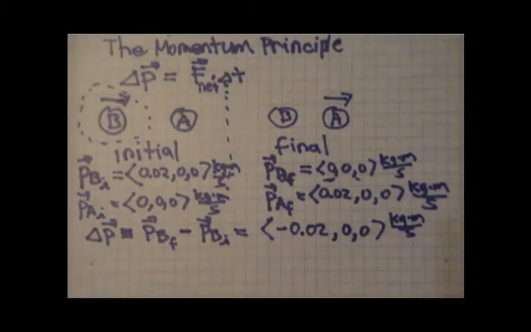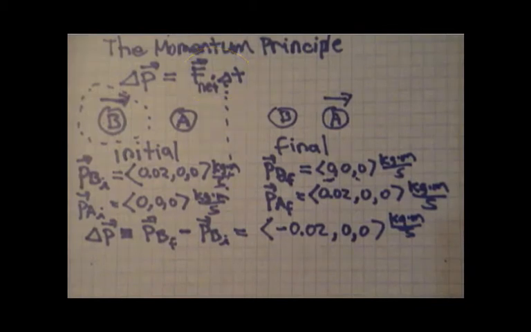So if we look at our equation for the momentum principle, what we are able to say is we've calculated the change in momentum of our system. The momentum principle says something about what causes that change in momentum. You could think of the right-hand side, F net times delta T, as sort of the cause, and the change in momentum of the object is the effect.